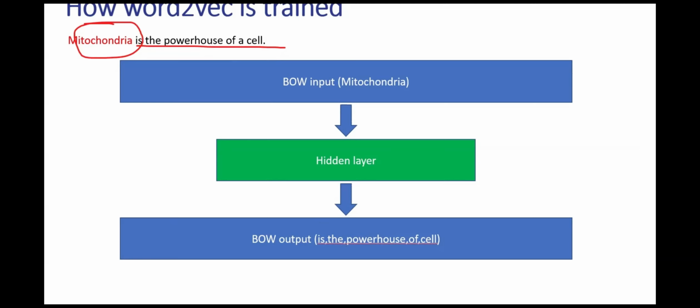Once you train the model to predict these related words, the vector for mitochondria is just the values you would get from the hidden layer. After that, you would move to the next target word, which is is, then the next one, which is the, then powerhouse, and then of, a cell. All you're doing is you keep training the model on every single occurrence of each of these words.